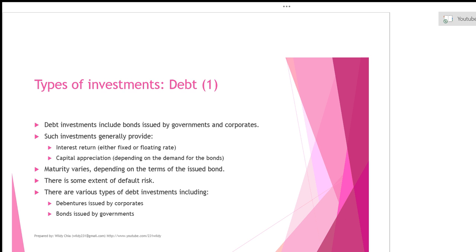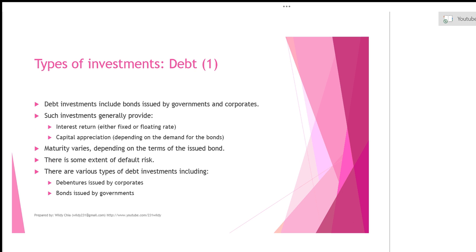Now, aside from investing in equity, you could choose to invest in debt. Some may refer to this as fixed income, right? Fixed income instruments. So debt instruments are quite straightforward. Basically, debt instruments may include bonds issued by governments and corporates, right?